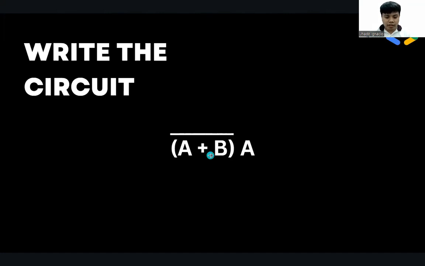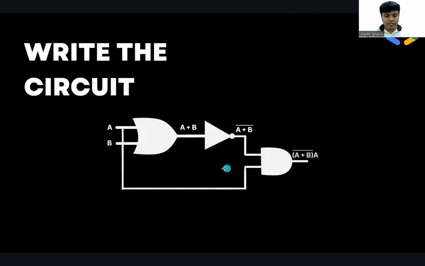We have the OR gate, the NOT gate, and the AND gate. Now let's do the OR gate first. We have the inputs A and B. Inputs A and B go to an OR gate, resulting in A plus B, or A or B. Now let's negate A or B, resulting in (A or B) bar.